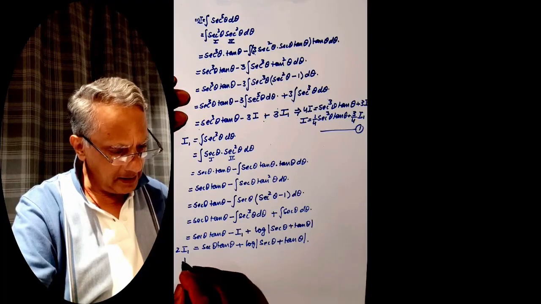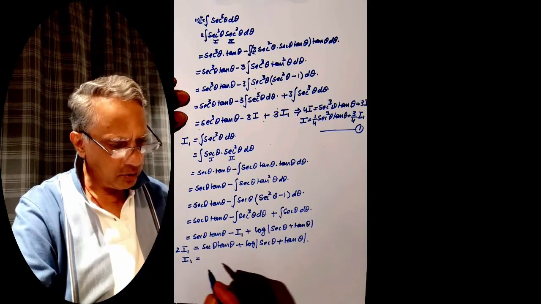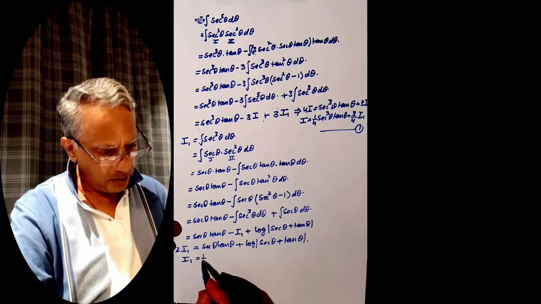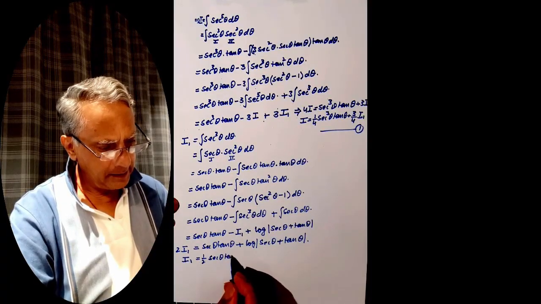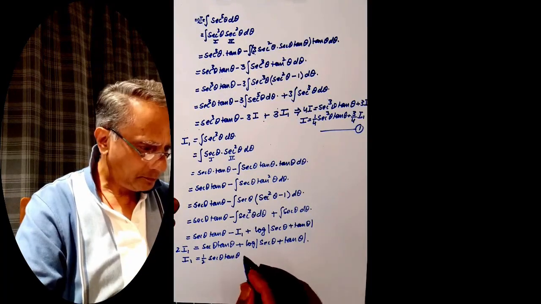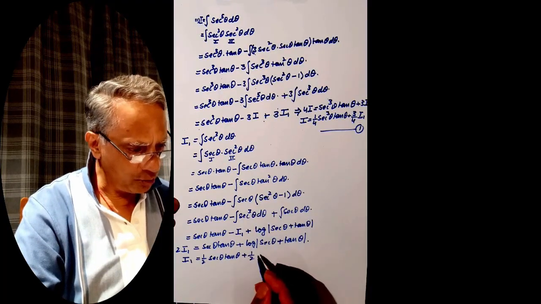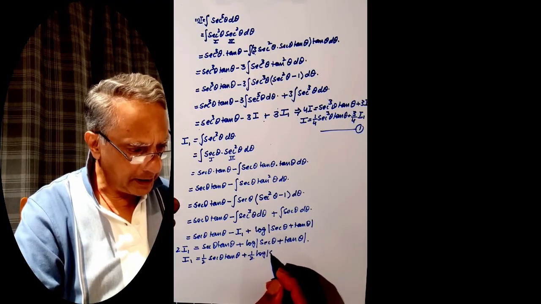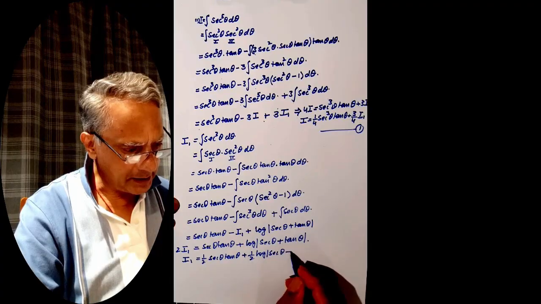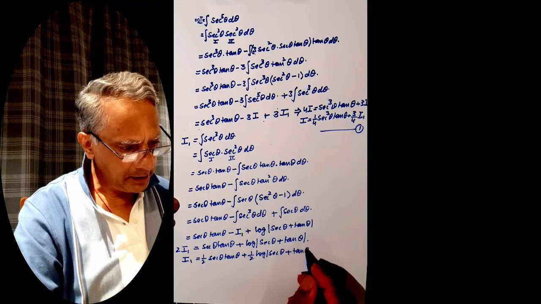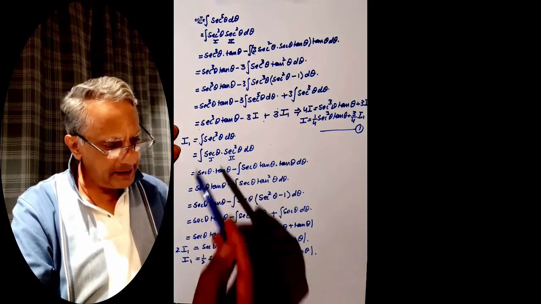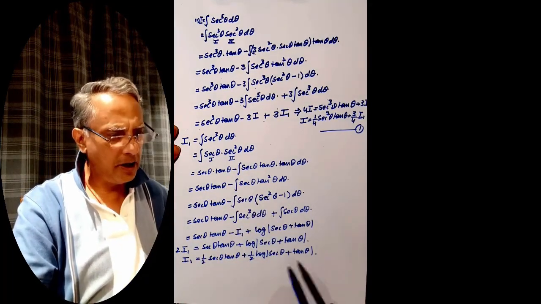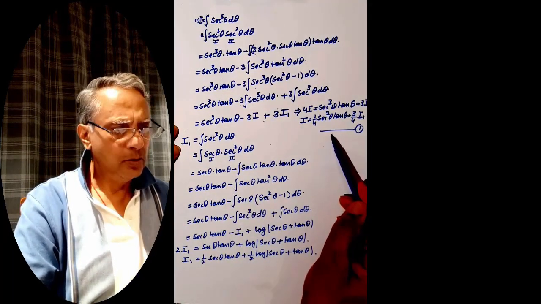And this implies I1 is equal to 1 by 2 secant theta tangent theta plus 1 by 2 log of secant theta plus tangent theta. So integration of secant cube theta is this much. Now substitute this in 1.